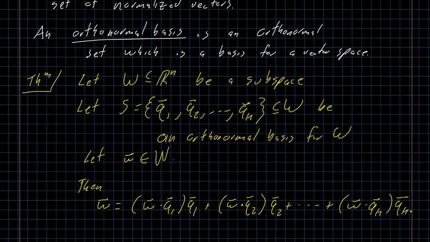Then we have this very simple way of writing this out. Vector w has a unique way of being written as a linear combination of the vectors q1, q2 up through qk. And the coefficients can all be found by taking dot products, w dot q1, w dot q2, down through to w dot qk.